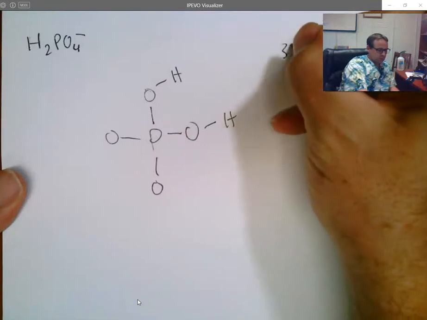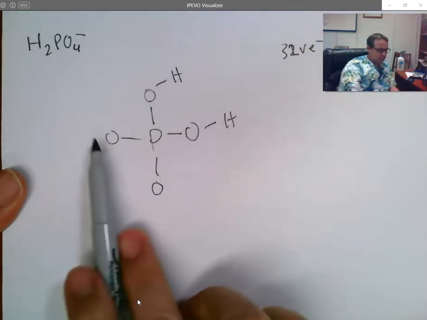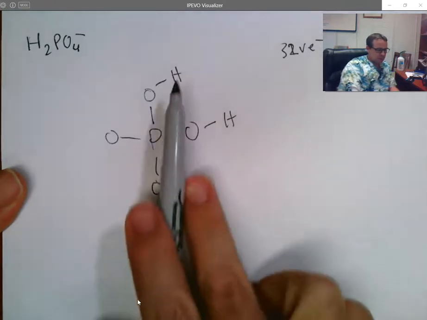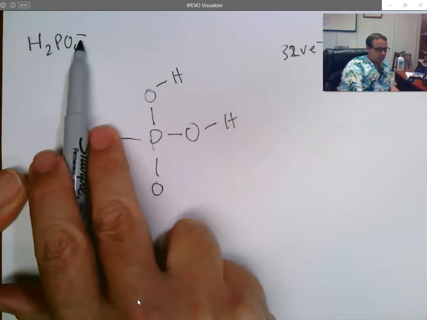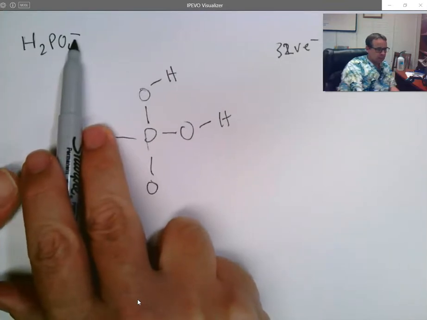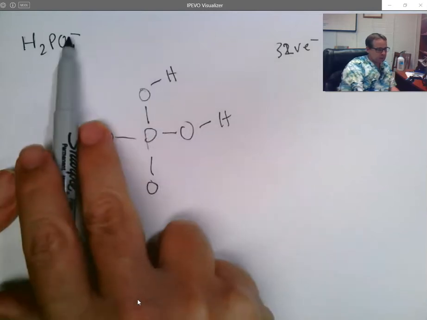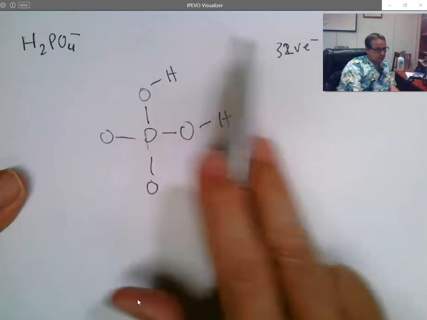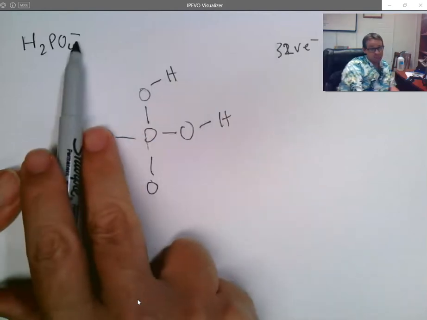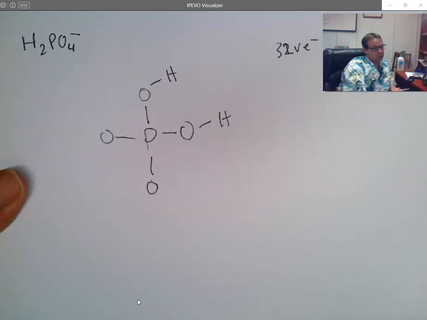Very good. 32 valence electrons: 6 for each oxygen, 5 for the phosphorus, 1 for each hydrogen, and then 1 for that extra electron there. If you ever end up with an odd number, it's generally because you didn't count these electrons. Not always, but you always have to pay attention. The odd number will help you sometimes. Sometimes it'll be a -2, so it won't help you. But remember, the charge means that there's an extra electron.